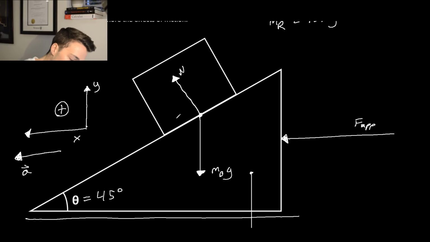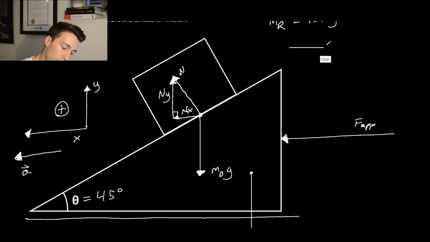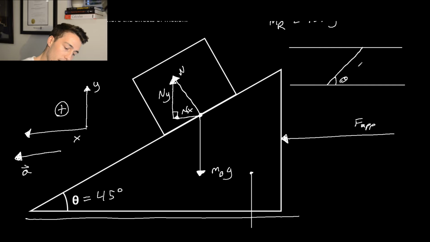So here, this is going to be a component of a normal force in the x direction, like that, and a normal force in the y direction. So it'll be ny, like that. And that's a right angle. So now, I'm going to need to find the angle for this. And if you remember, we have two parallel lines, like this, and an angle between them. This angle here is the same as that angle there.